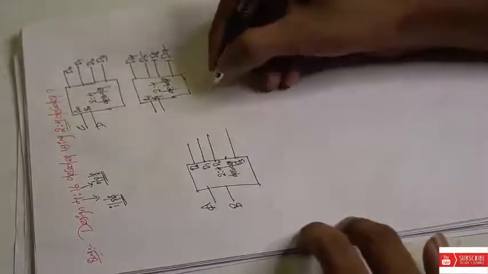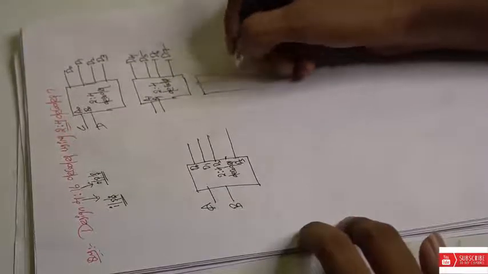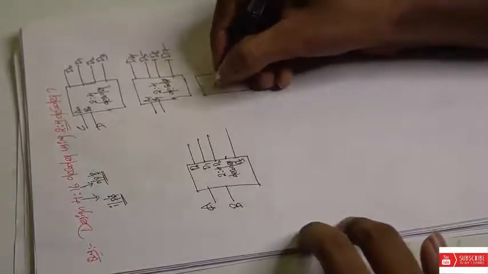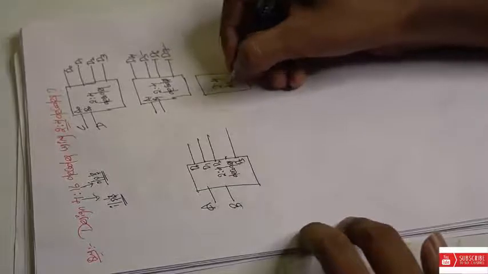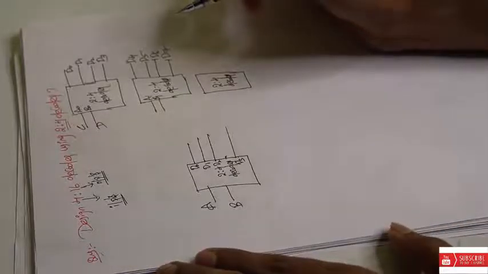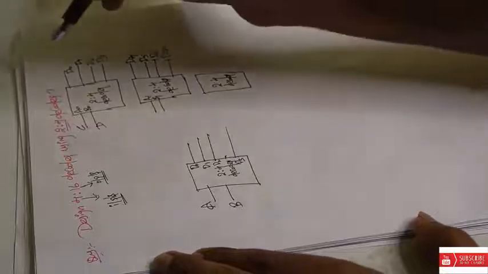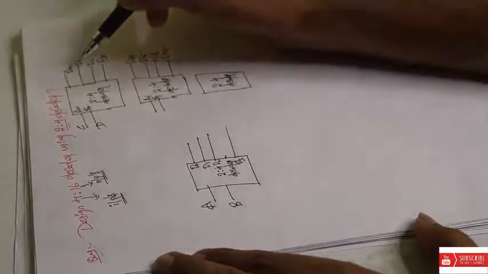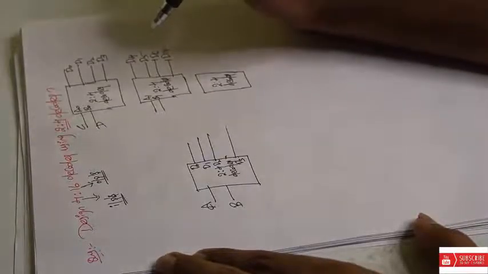Now let's take another 2 to 4 decoder. Why are we taking that many decoders? Here you can observe, our target is 16 outputs, right?